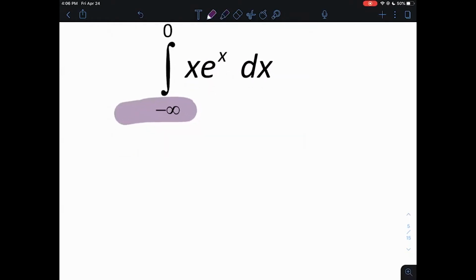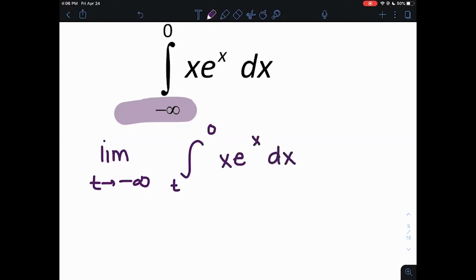And when we do this, we work with a limit. We can't actually integrate something with a bound of infinity, but we can use a limit. So we are going to change this to the limit as t approaches negative infinity of the integral from t to 0 of x e to the x dx.